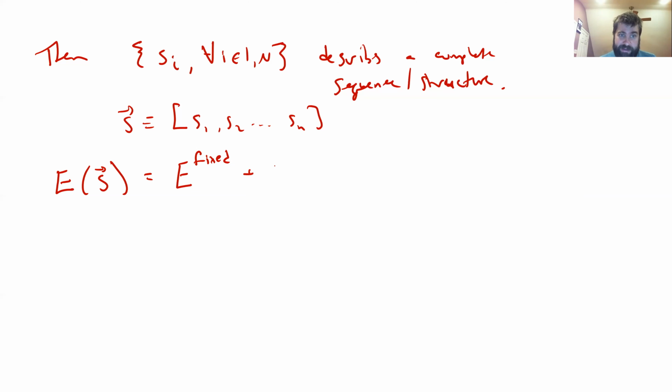We then add to this a sum from i equals 1 to n of what I will refer to as self-energies. And this is a self-energy for rotamer i.